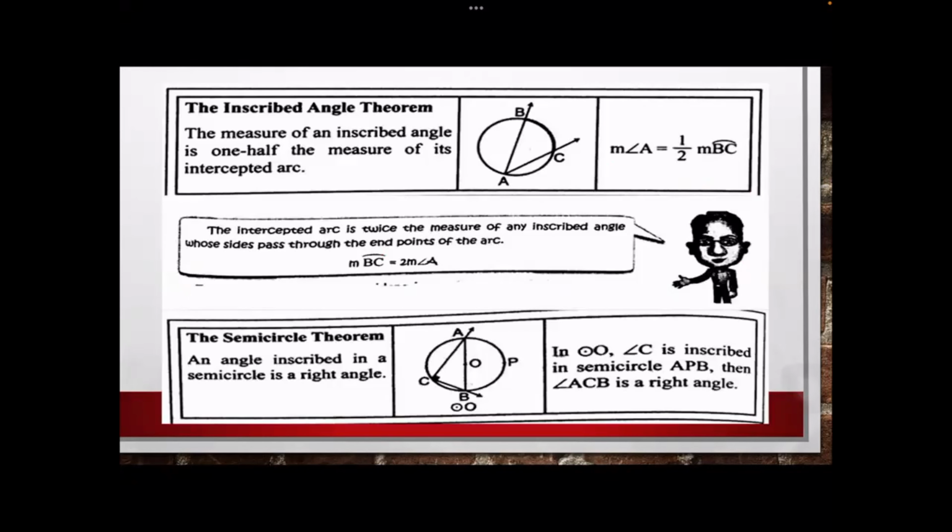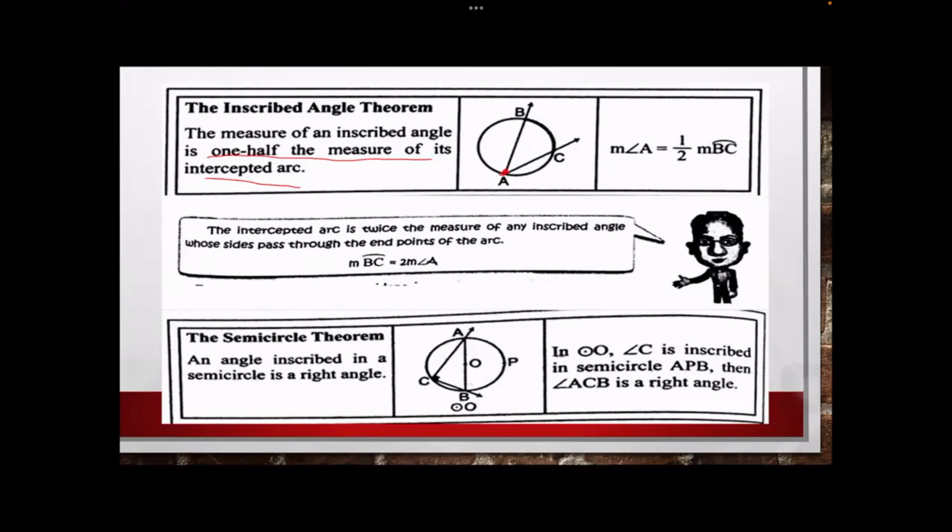Okay, so we have here the inscribed angle theorem. The measure of an inscribed angle is 1/2 the measure of its intercepted arc. Again, intercepted arc is yung nandun sa harapan niya. So ibig sabihin, we have here the angle A. Ito yung kanyang vertex.